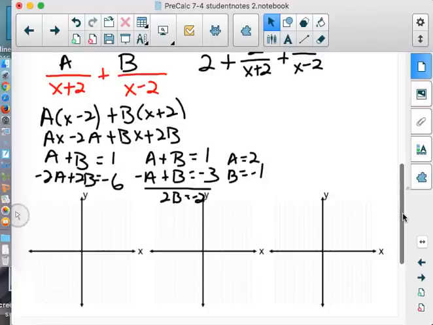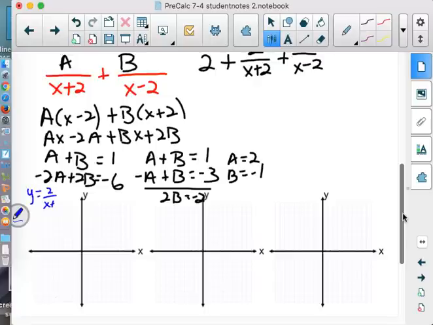So 2 over x plus 2, that's going to have a vertical asymptote at negative 2. So I could just pick some numbers to the right and left of that and see what I get.